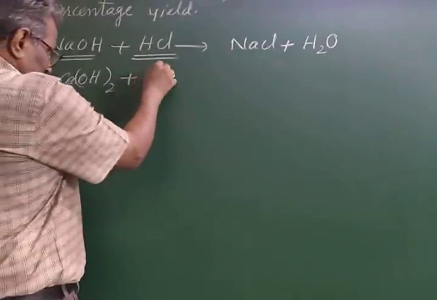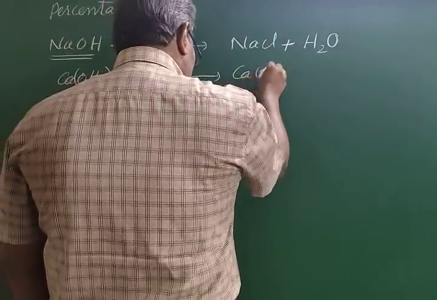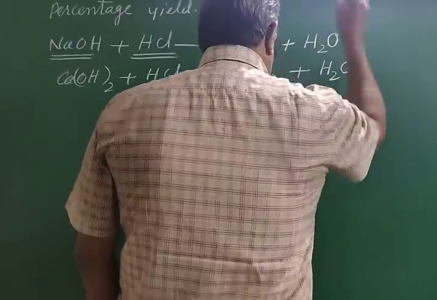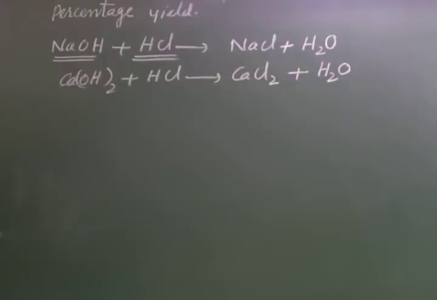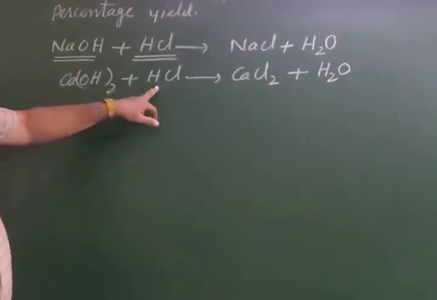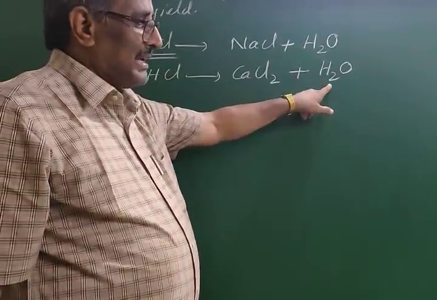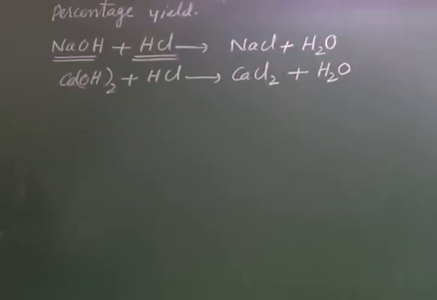For example, calcium hydroxide, when treated with hydrochloric acid, forms salt in the same way, that is calcium chloride and water. Calcium hydroxide is not a very strong base. Though HCl is a strong acid, the compounds formed again react to form small amounts of calcium hydroxide and hydrochloric acid.